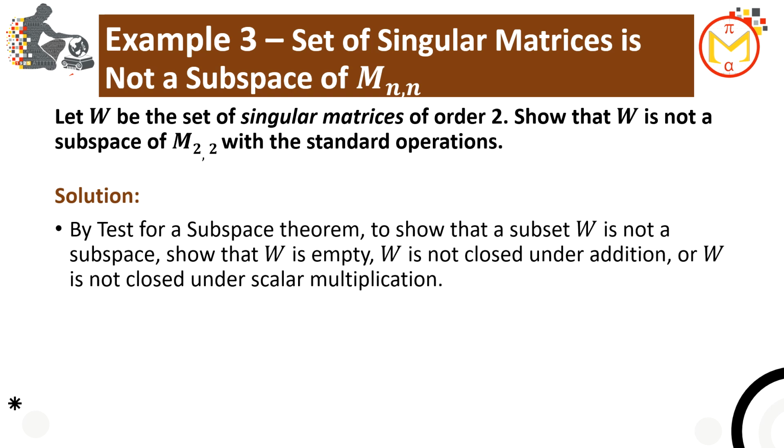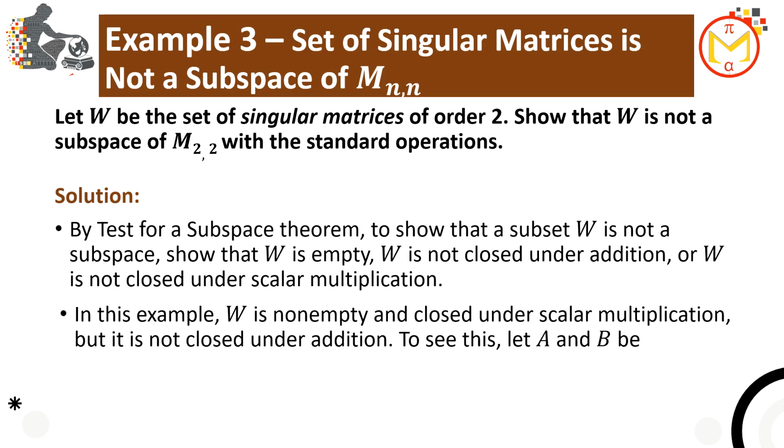To test with the subspace theorem that a subset W is not a subspace, show that W is empty, or W is not closed under addition, or W is not closed under scalar multiplication. In this example, W is not empty and is closed under scalar multiplication, but it is not closed under addition.